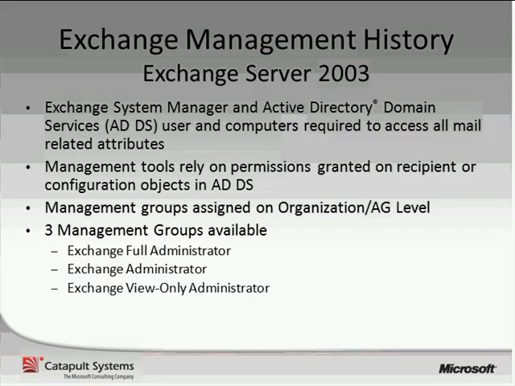Management groups were assigned at an organization level, and there were only 3 management groups available: the Exchange Full Administrator, the Exchange Administrator, and the Exchange View-Only Administrator. Not very granular. If we were to try in Exchange 2003 to provide extremely granular access, we were going into ACLs for individual objects. It was extremely painful and hard to manage.